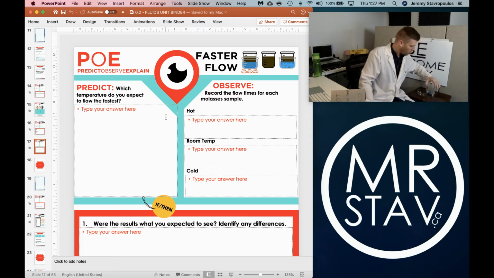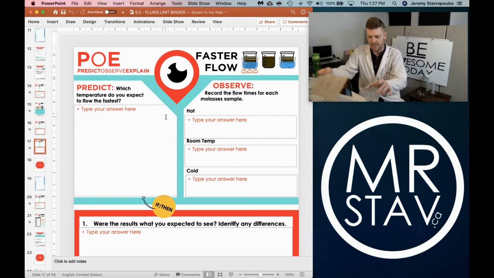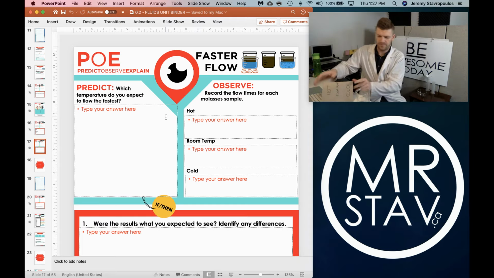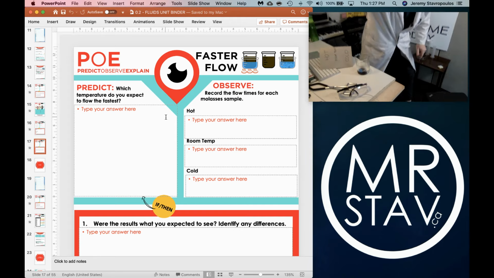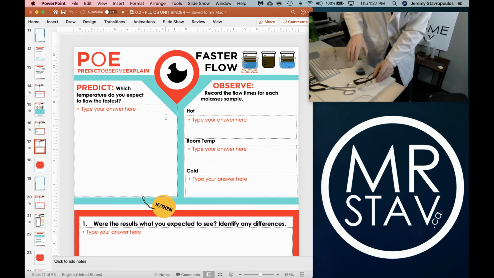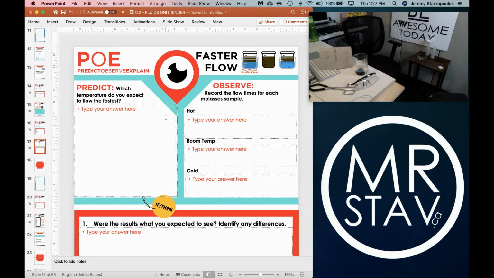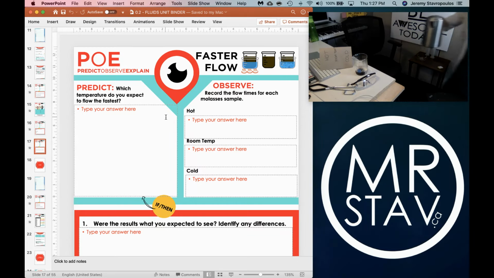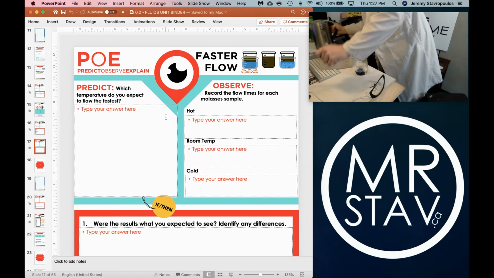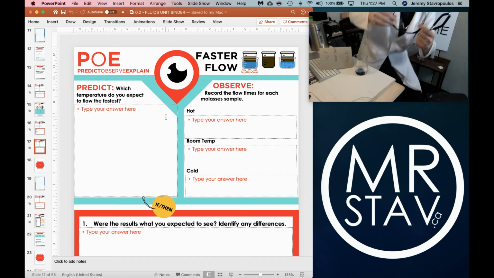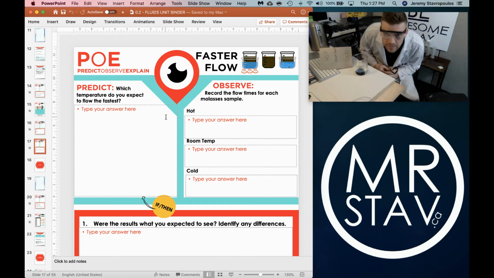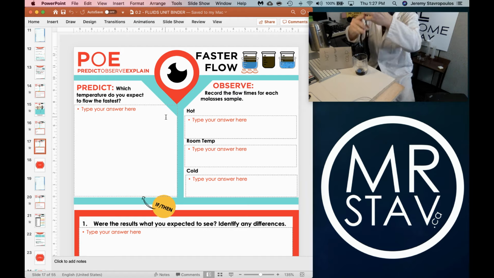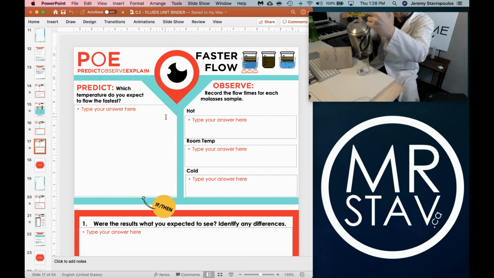So what I've done is I boiled my kettle. In case you don't believe me, pour a little bit more.